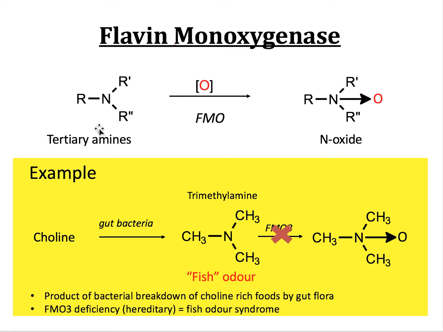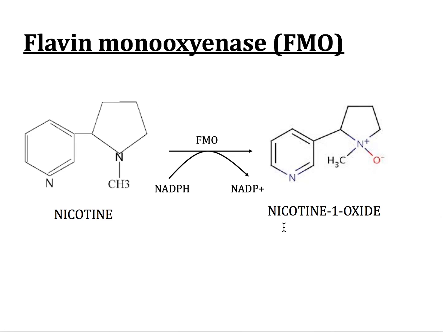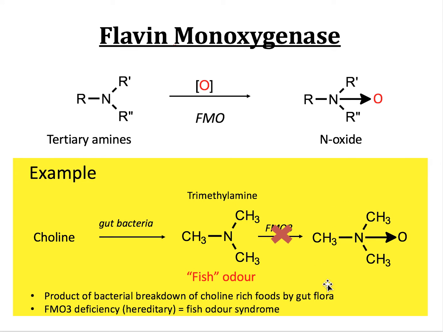Now, tertiary amines are another example. Choline can be broken down by gut bacteria into trimethylamine, and this is then broken down by FMO in the liver microsomes into the molecule shown here.